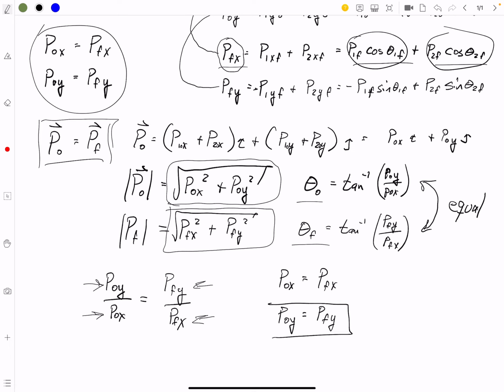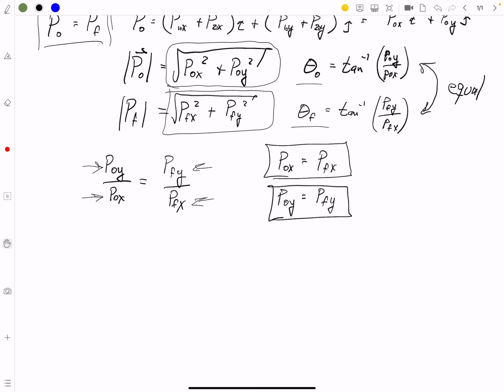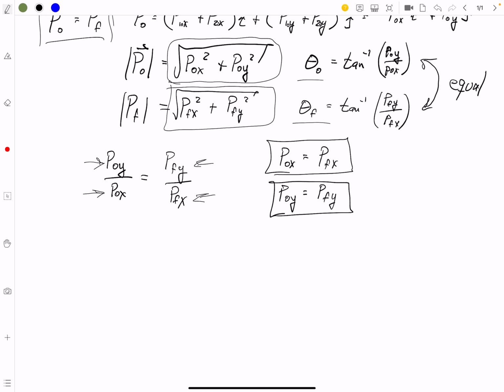So conserved all in the x direction and all in the y direction. Has to be. So that's our proof, okay? And that's how it shakes out. All right. Okay. So we're doing great.